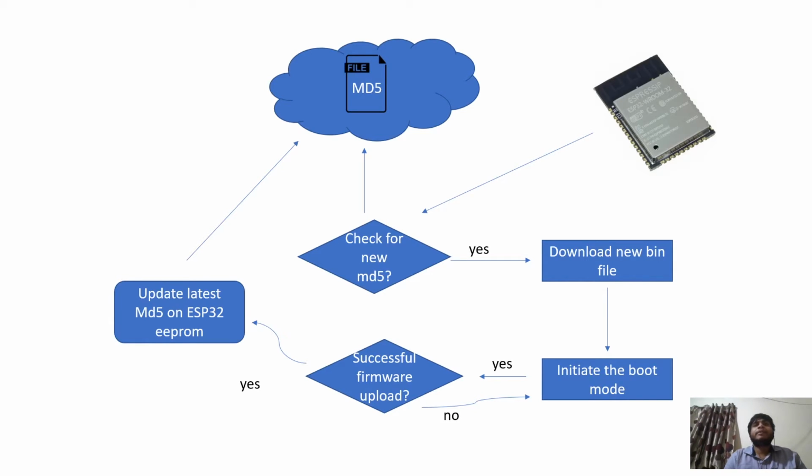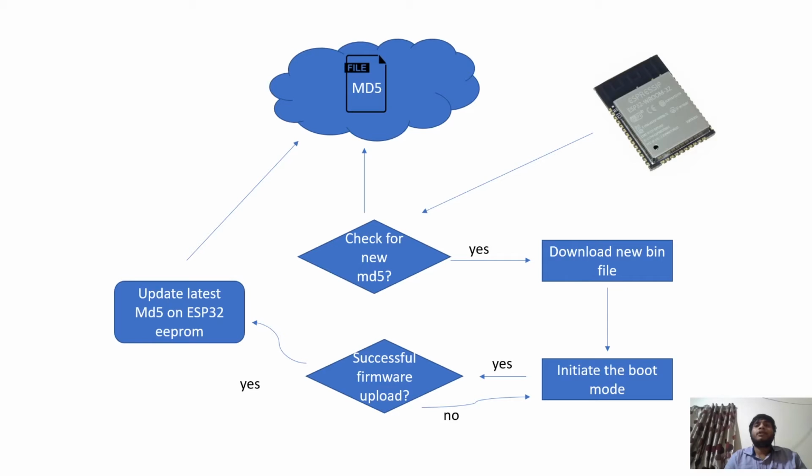If there is a change between the signature on the ESP32 and the one on the cloud, it immediately downloads the bin file and puts the STM32 into boot mode. Here, even the STM32's boot pin and reset pin are connected to the ESP32.